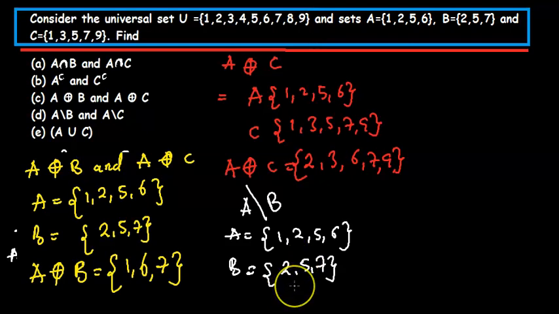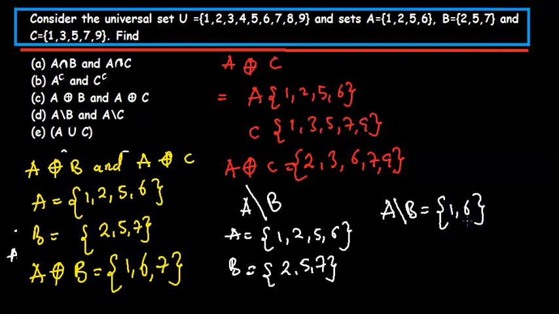I think in this case we are simply going to be left with 1 and 6, because 1 and 6 are the only elements which we have in A but not in B. Therefore, A with difference of B is simply going to be 1 and 6.